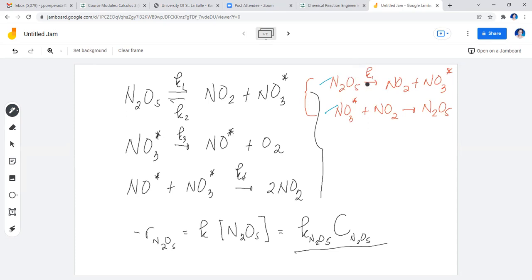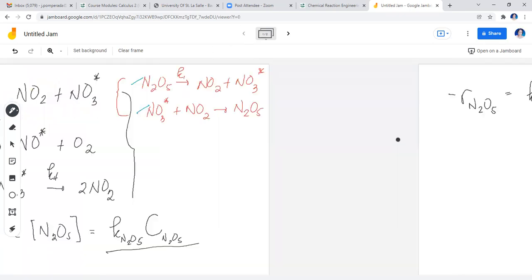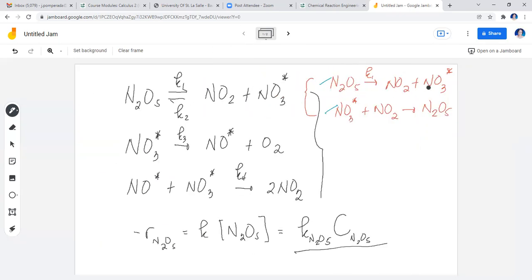I will use this rate constant k sub 1 together with the concentration of dinitrogen pentoxide. So I'll write here k sub 1 C of dinitrogen pentoxide. That's for the first reaction that we have here.